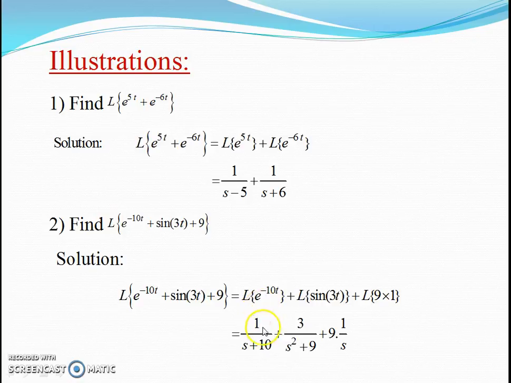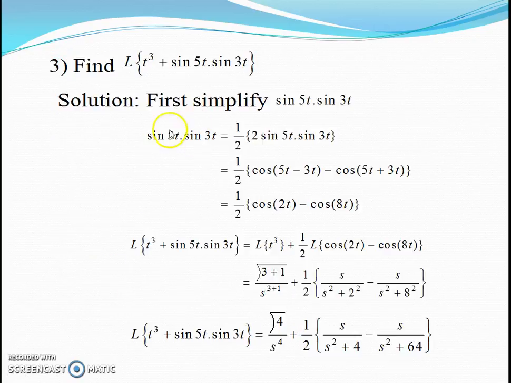Then by using case 1, Laplace of e raised to minus 10t is 1 upon s plus 10, plus Laplace transform of sin 3t by case number 2 is 3 upon s square plus 3 square, that is 9, and plus the third term, 9 you can write outside, then Laplace of 1 is 1 upon s. So this is the required answer to example 2.